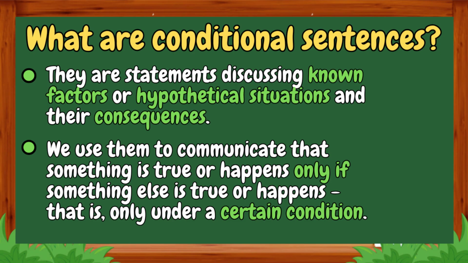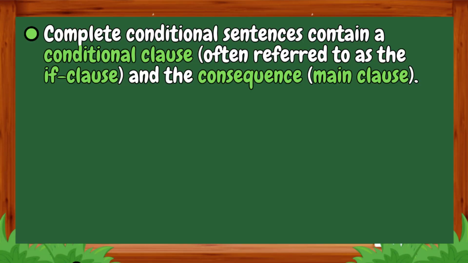So that is only under a certain condition. These conditional sentences have a specific structure. Complete conditional sentences contain a conditional clause, often referred to as the if clause, and the consequence or the main clause. And you know what? The order of these clauses doesn't change the meaning at all.